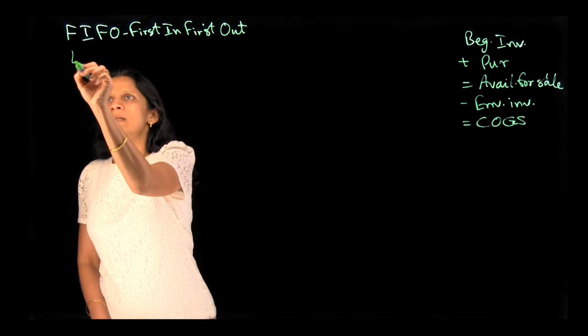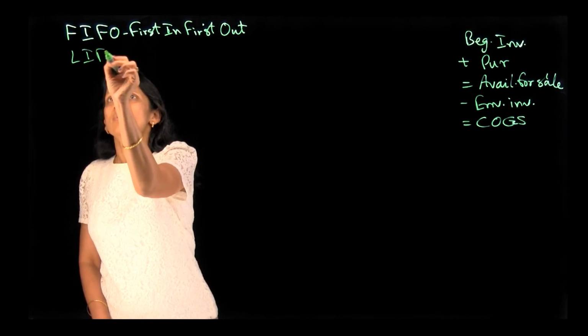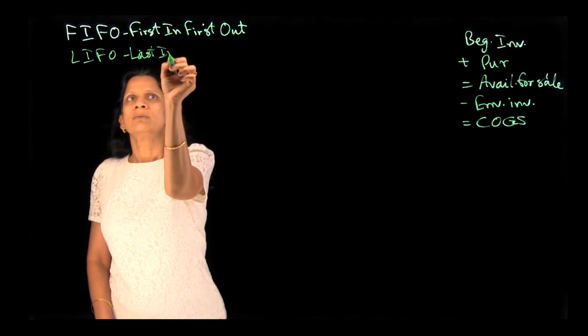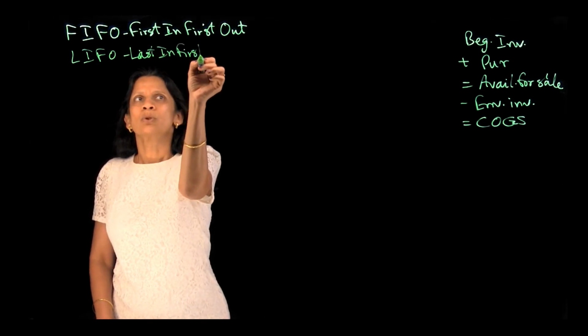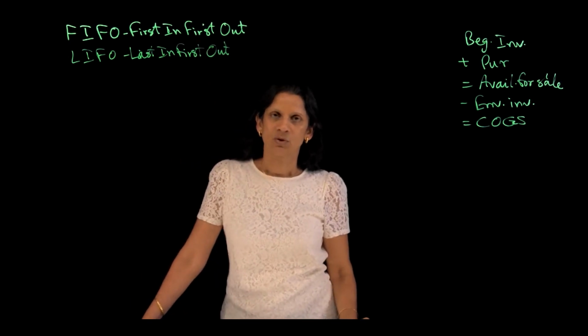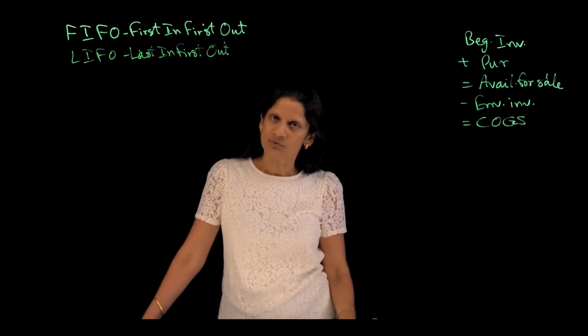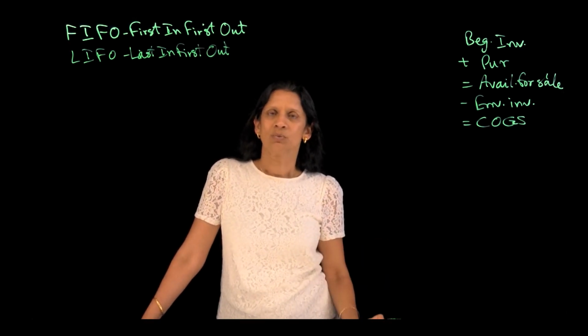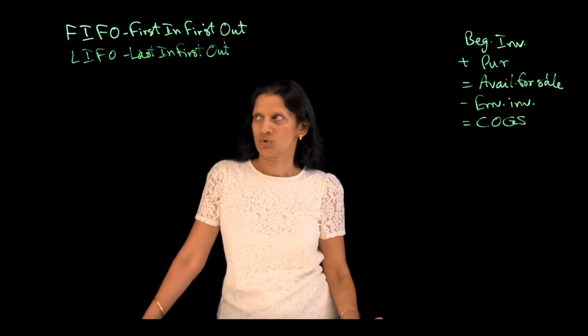Whereas the second method is LIFO, or last in, first out. So here it's the exact reverse. Whatever is the physical flow of the inventory in the warehouse, in the reverse direction we do the cost flow assumption.